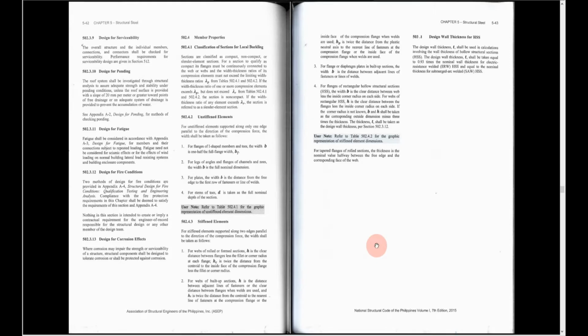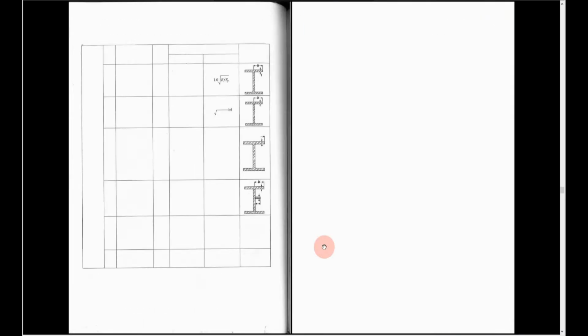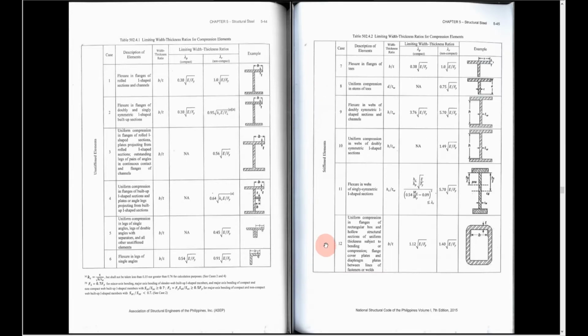And opening your NSCP again, under table 502.4, since our section is an angle, we will consider case number 6, in which deflection in legs of single angles with thickness ratio and limiting width thickness ratios can be determined using this formula. So please take note on this formula.